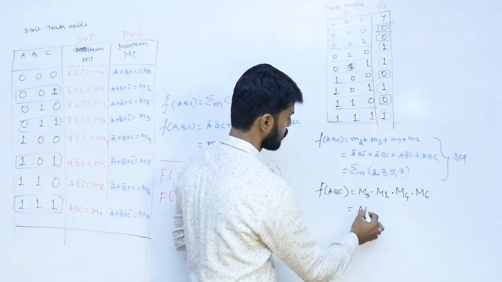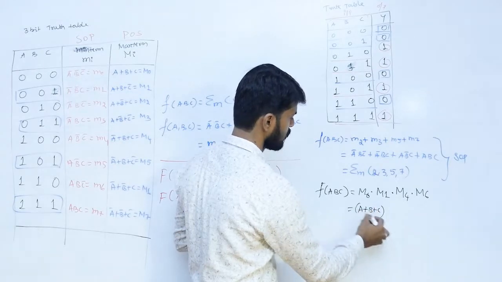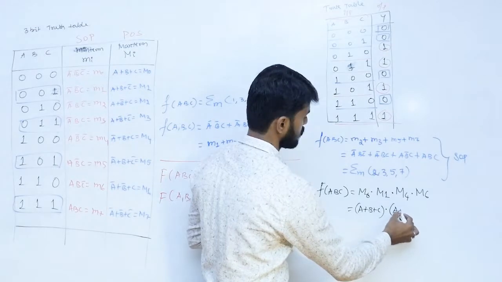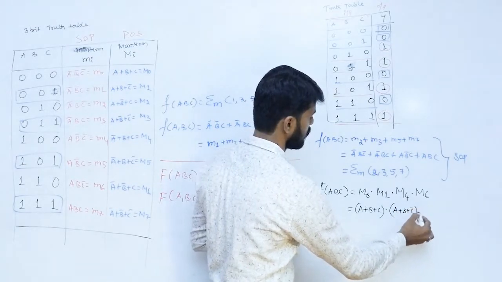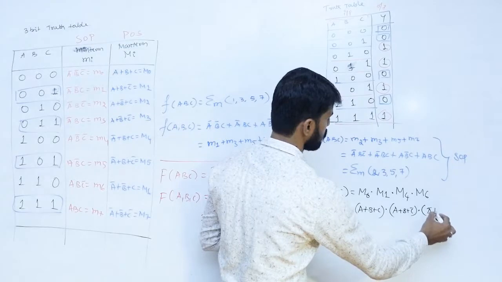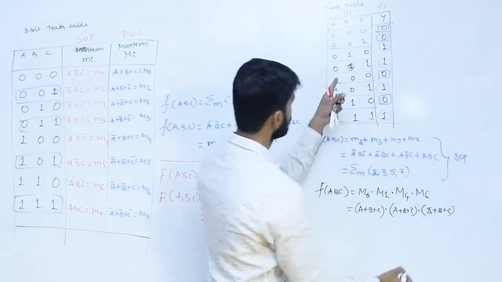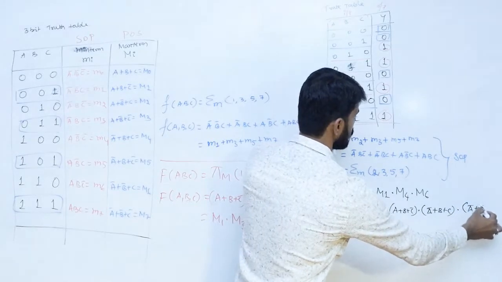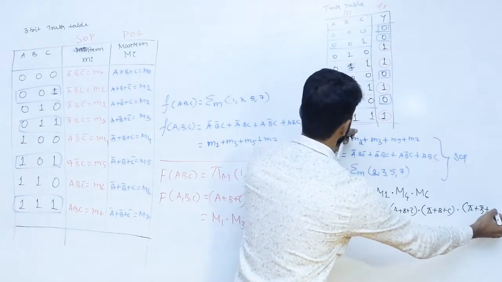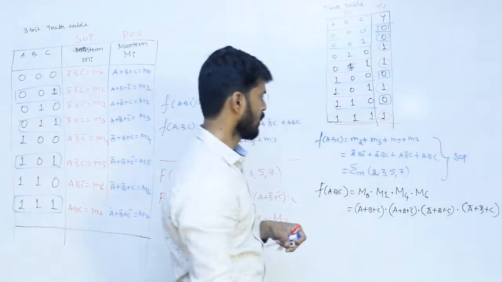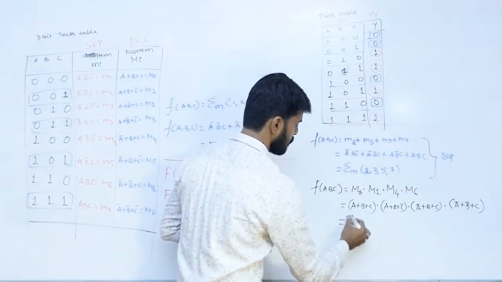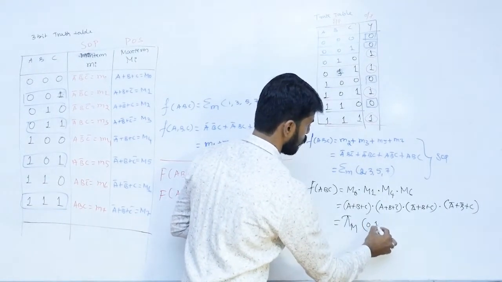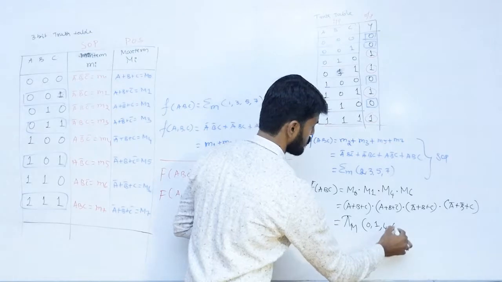So now I can represent it like this also: A plus B plus C, into A plus B plus C bar, into A bar plus B plus C, then finally into A bar plus B bar plus C. And if I write it the other way, pi m, I can place this as 0, 1, 4 and 6.